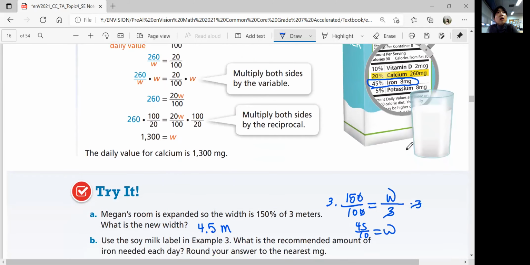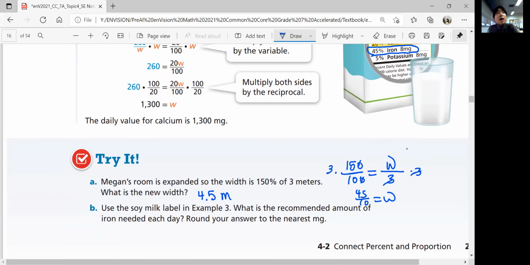So write a proportion. You have 8 milligrams, and your percentage is 45 out of 100, right? And 8 is 45 out of 100, and you don't know how much you need for the daily, so that's going to be X. Then solve for X. You're going to multiply the reciprocal of the fraction on both sides.